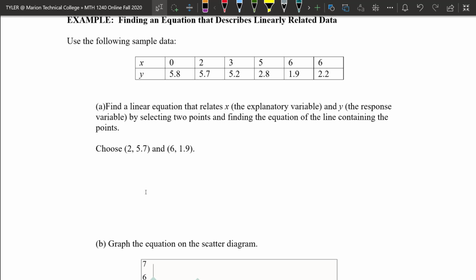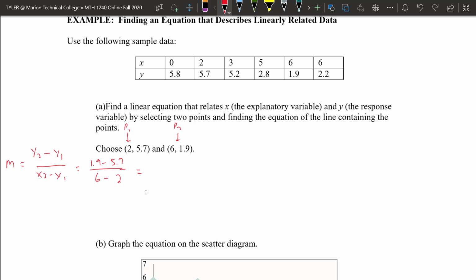The first thing you're going to want to find is the slope. When you're given 2 points and trying to find an equation of a line, you want to find the slope, which is y2 minus y1 over x2 minus x1. So I'll let this be point 1 and this one point 2. y2 would be 1.9 minus y1, which is 5.7, and x2 would be 6 minus x1, which is 2.